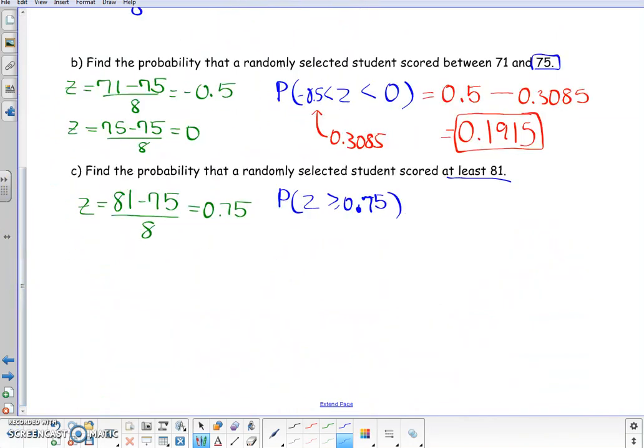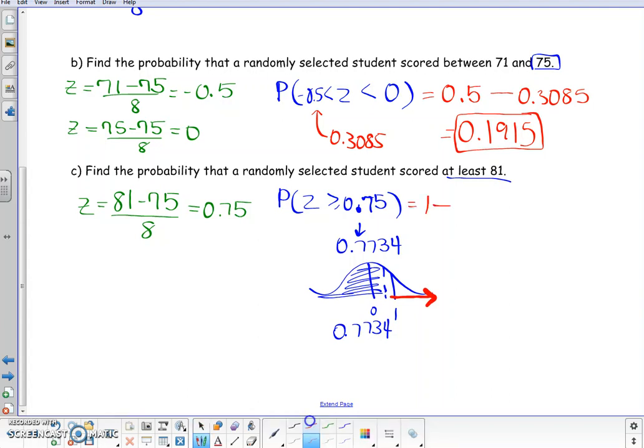But remember, this is going to be the probability to the left of that value. So here's 0, here's 1. That's going to give me this probability, 0.7734. But if I want the probability greater than that, we have to take 1 minus.